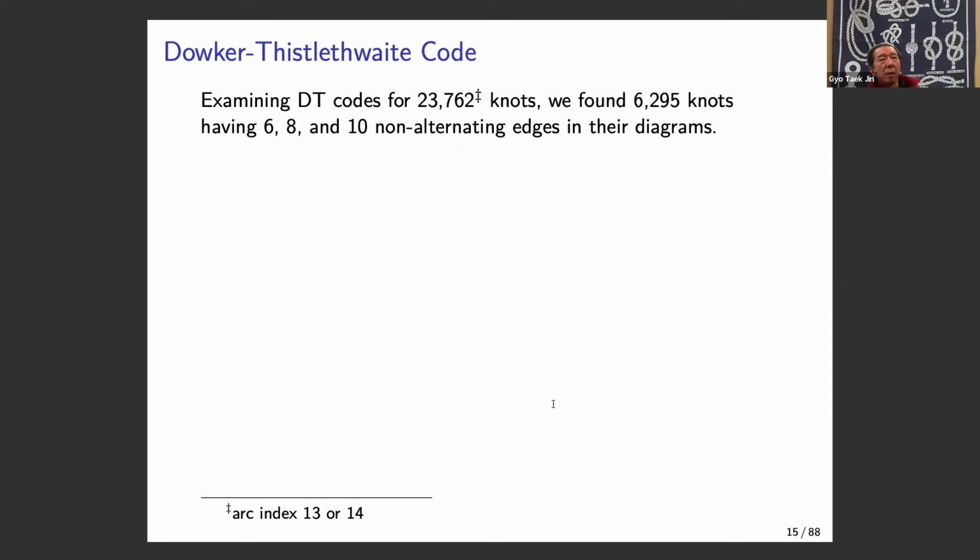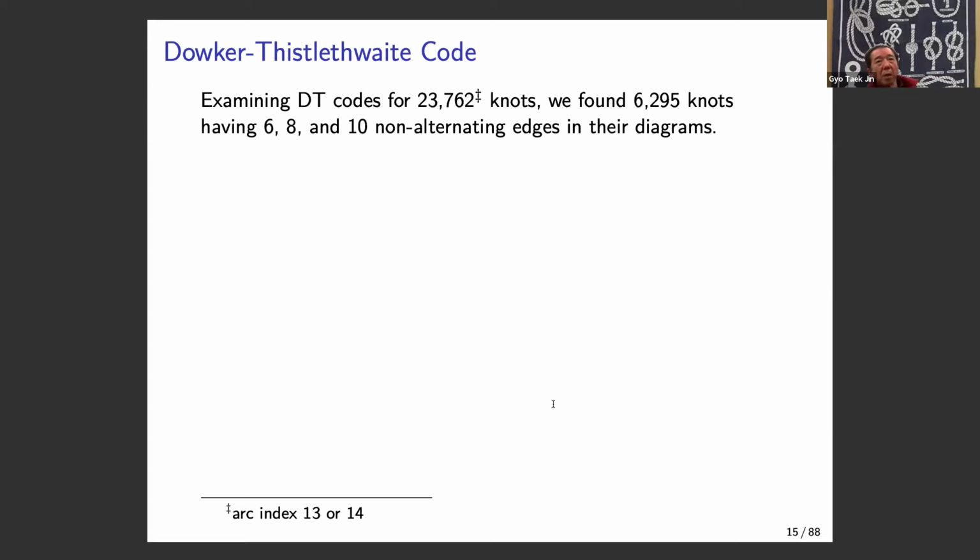So okay, at the time we started this, there are 23,762 prime knots of 14 crossings which have arc index either 13 or 14.